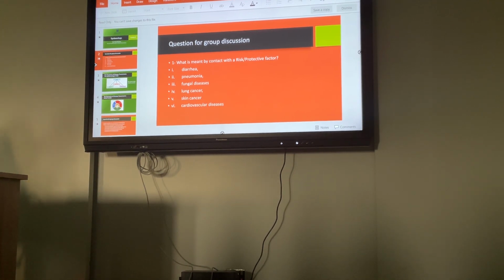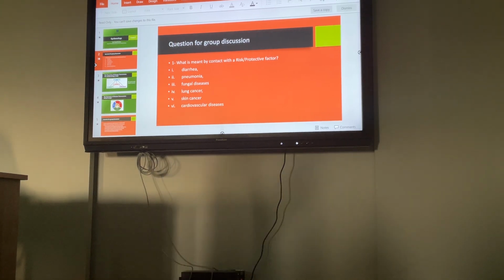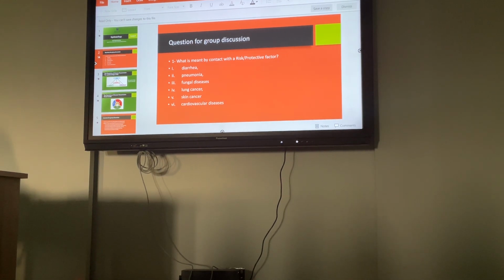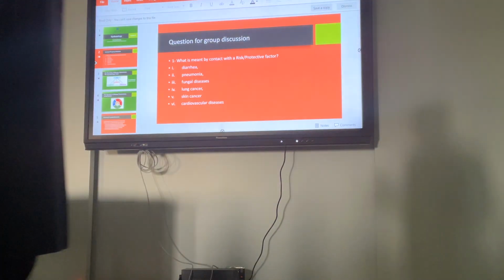Also for skin cancer, what is the cause of skin cancer? Direct sunlight is one of the causes of skin cancer. We know that some kinds of skin cancer may be due to exposure to certain chemicals, genetics, UV radiation, and some cases are unknown.